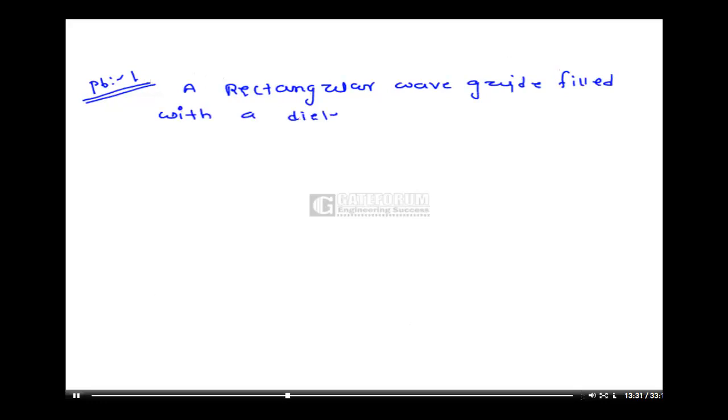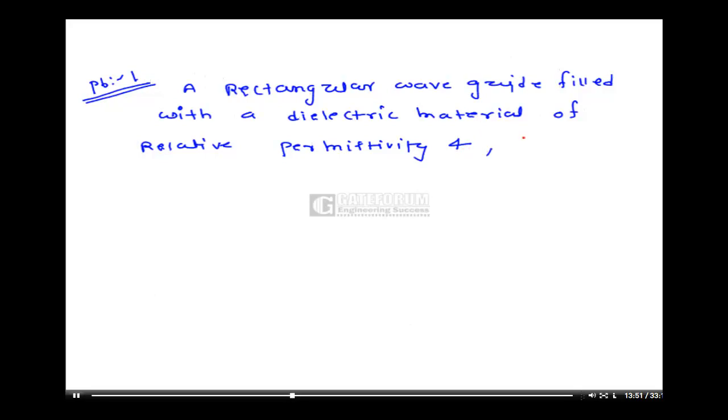The first problem is: a rectangular waveguide filled with a dielectric material of relative permittivity 4 has the dimensions 3.0 centimeters cross 1.2 centimeters.